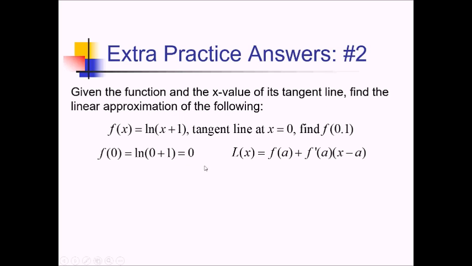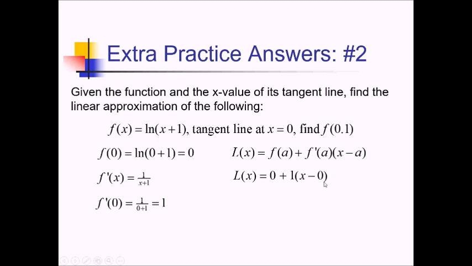And then for f prime, well, let's take f prime of x in general. That's going to be 1 over x plus 1. And then f prime of 0 is 1 over 0 plus 1, which is just going to be 1. Plugging it back in over here, we've got 0 plus 1 times x minus 0.